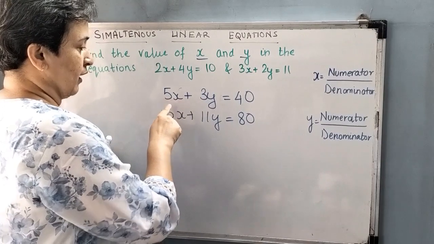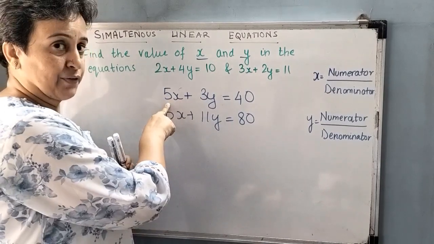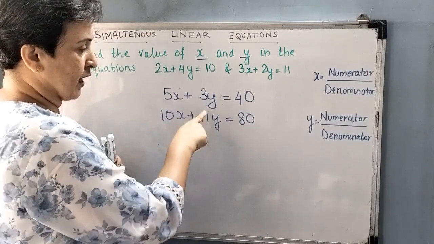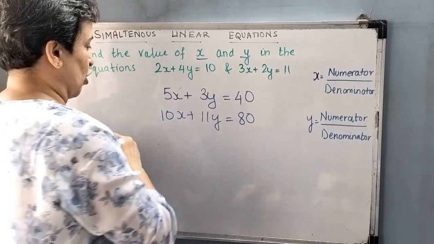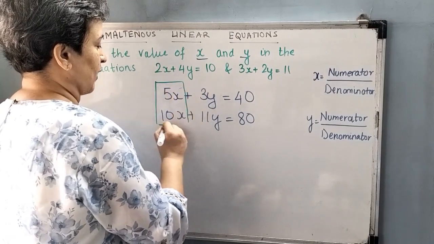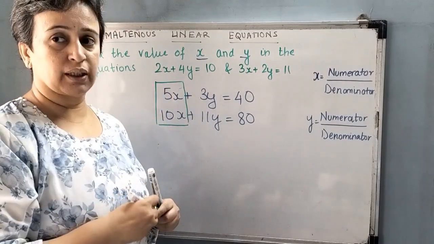Now I want you to take a close look at the coefficients of x and y. The coefficient of x is 5, and here the coefficient of x is 10. Here it is 3 and 11, but I will focus on 5x. Now what does this sutra say?